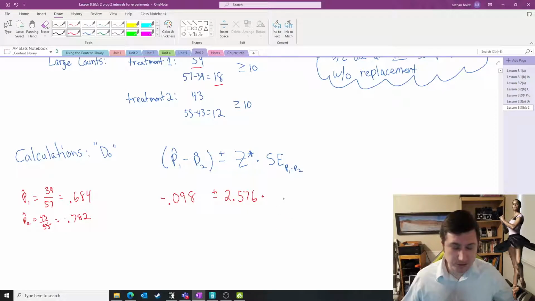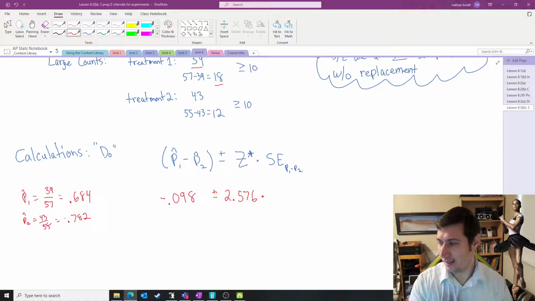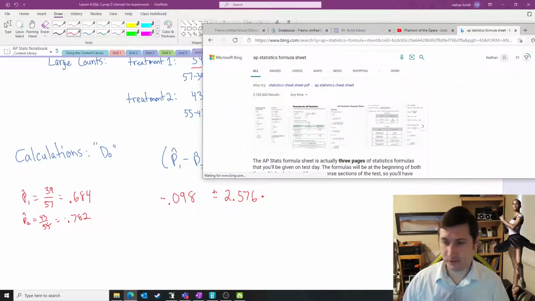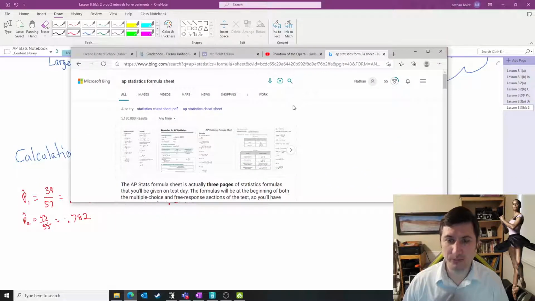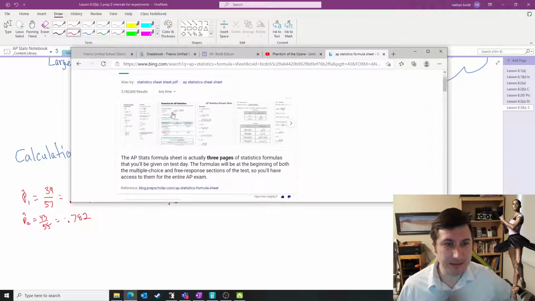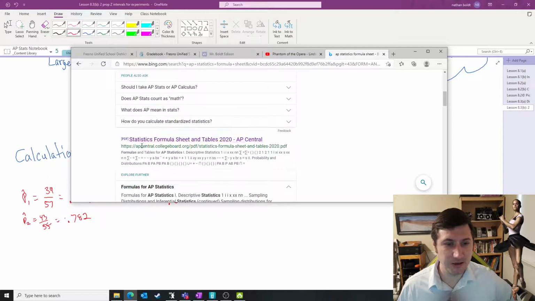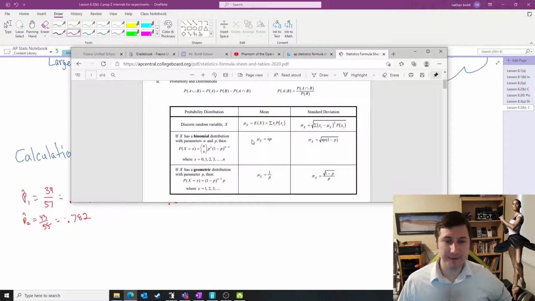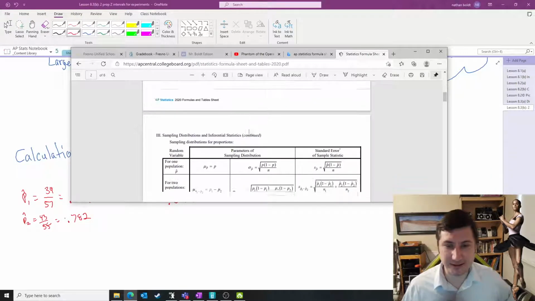Now of course, you don't need this equation memorized. It is huge, it is ugly. We're simply going to plug and chug. And make sure you are familiar with searching up the AP Statistics formula sheet, finding the one from the College Board. That is the easiest way, I think, to do it.